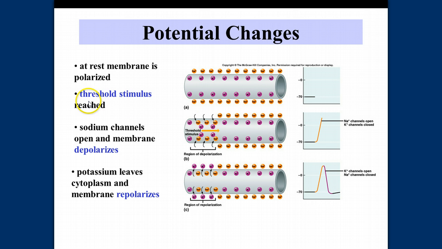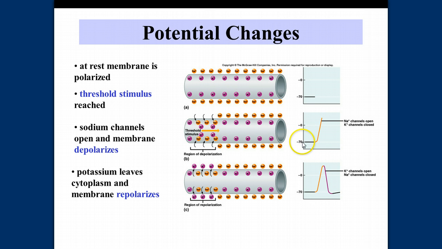Now look at that number line again. As you go from more negative to more positive, you are getting closer to the potential of an action potential, closer to the actuality of a nerve impulse. If the membrane depolarizes, that means it's going from negative 70 to a more positive number.